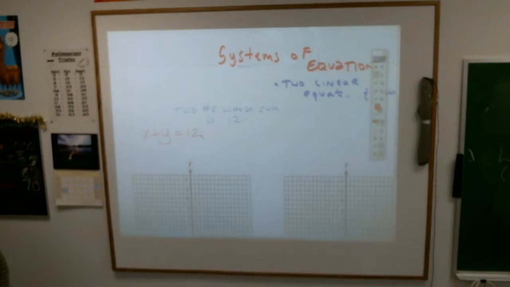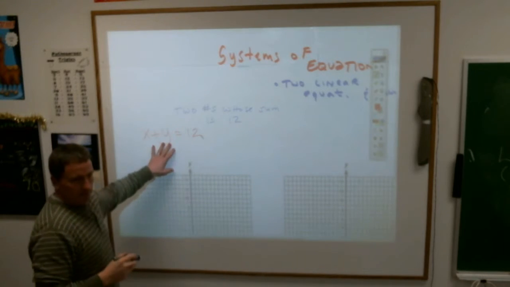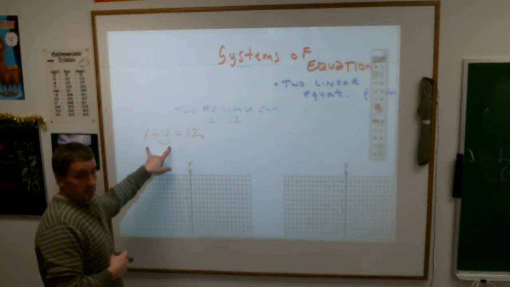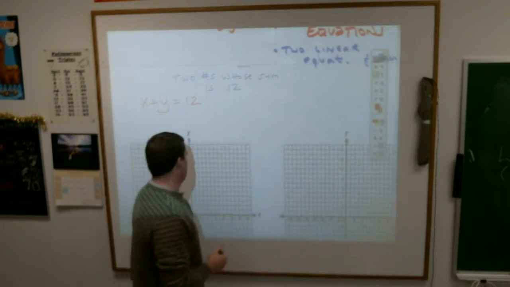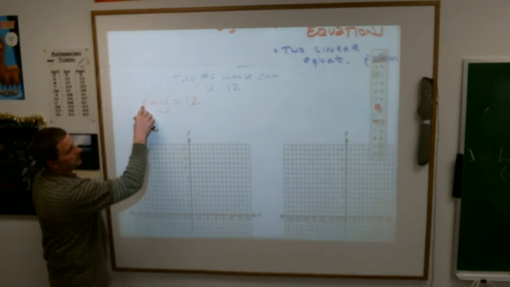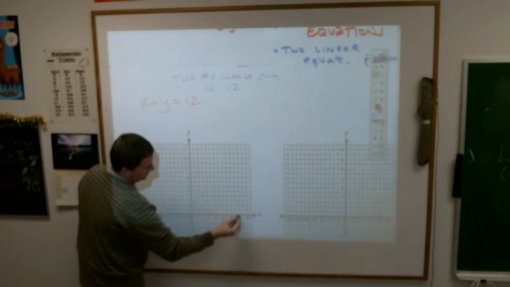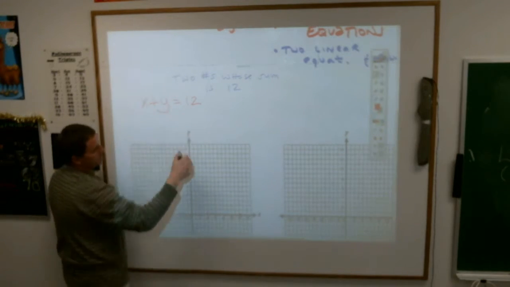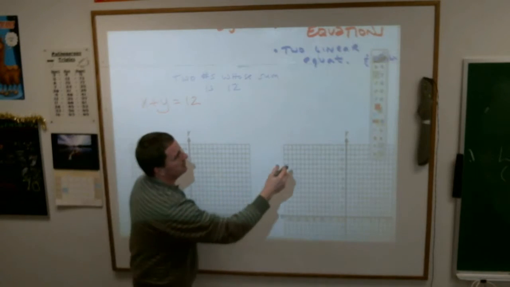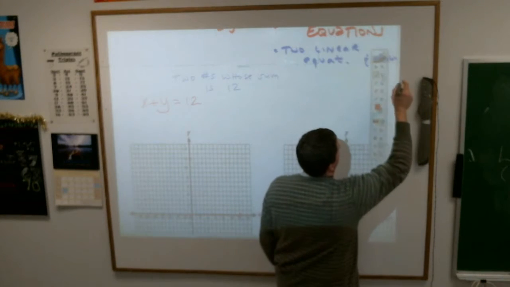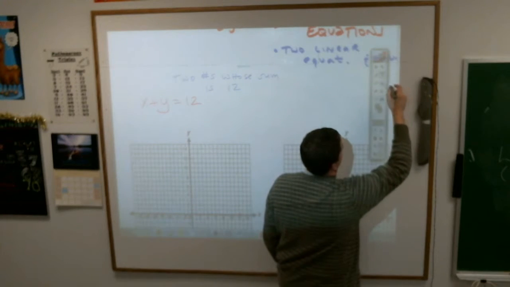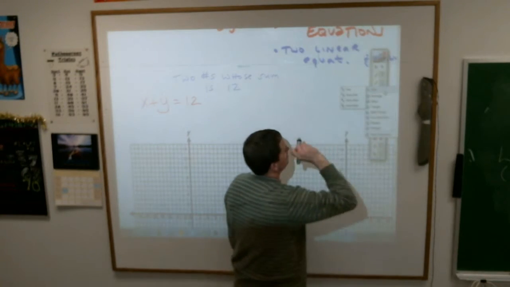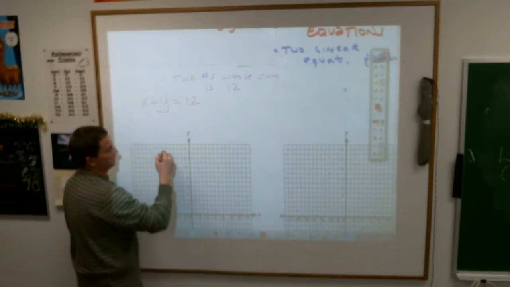Okay? Got that? If I were to graph this, by the way, what form is that? Standard form. If you were to graph this, X equals 12, Y equals 12, you draw your straight line through 12 and 12.